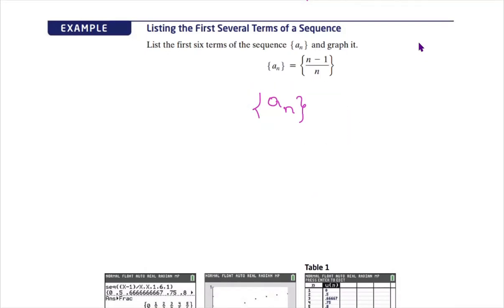Here, the question defines the sequence a sub n as n minus 1 over n, and says we need to list the first six terms of the sequence.